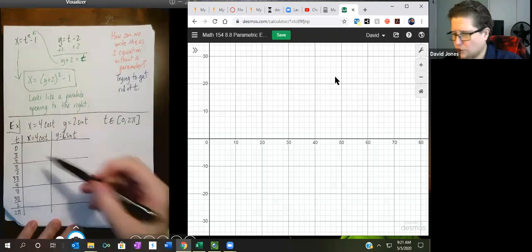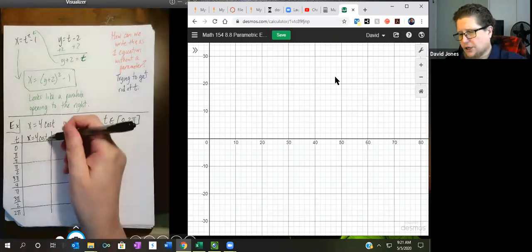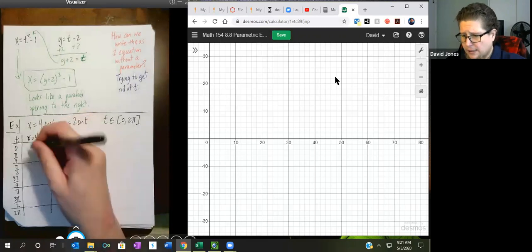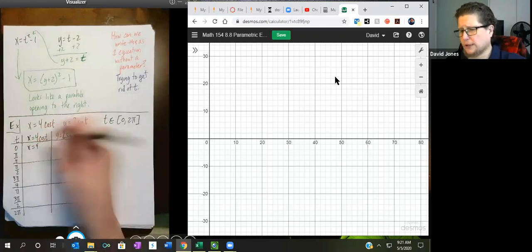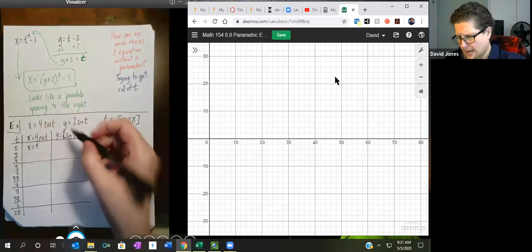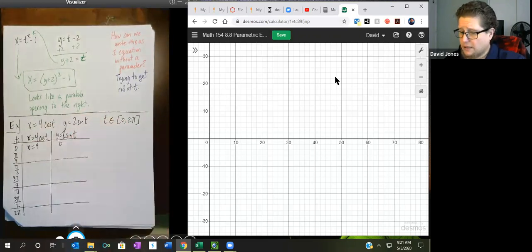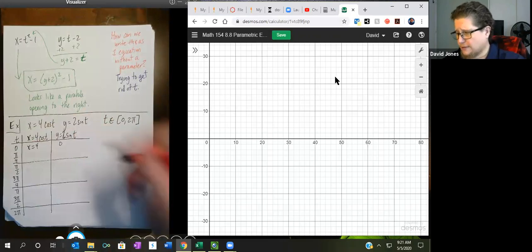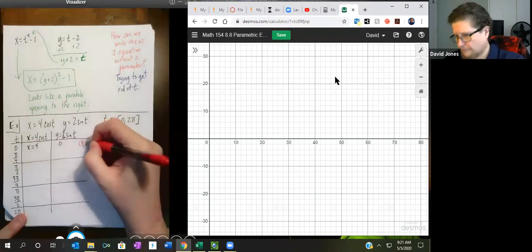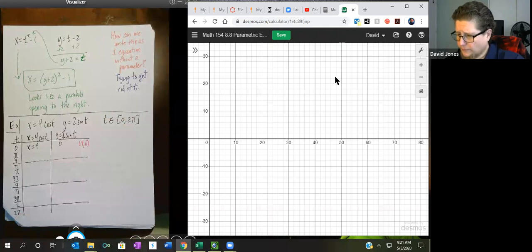So when t equals 0, cosine of 0 is 1, x equals 4, and sine of 0 is 0, y equals 0. So we have the coordinate 4, 0. If I put in pi over 4, cosine of pi over 4 is root 2 over 2.